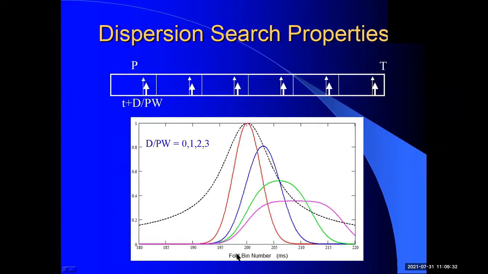And this is a plot of bin number. And so as well as the amplitude changing in a predictable way, the peak position changes in a predictable way. And so this is another measure that you can use to ensure that you really are looking at dispersion measure.